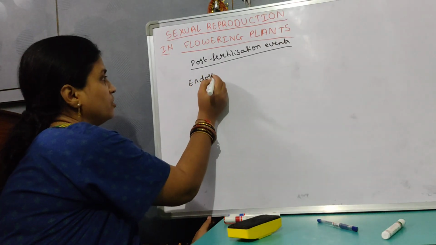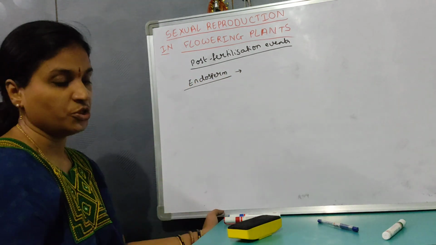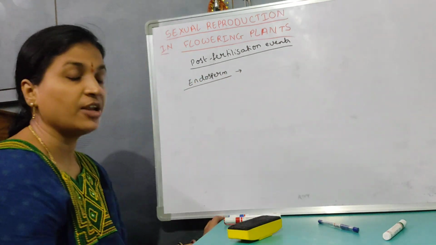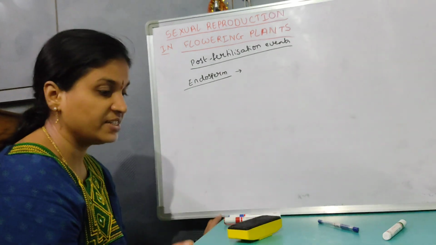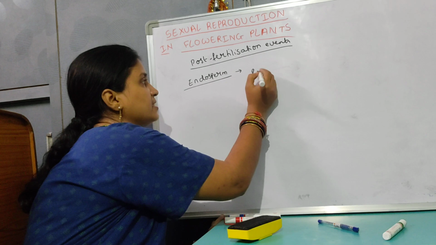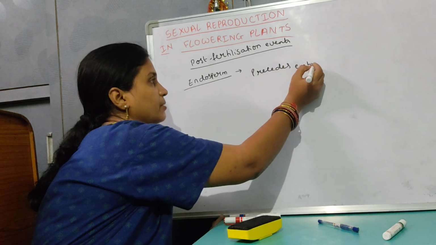So this endosperm is formed as a result of triple fusion. It is a triploid tissue. This endosperm development precedes the embryo development.